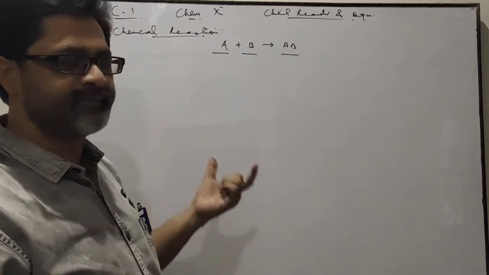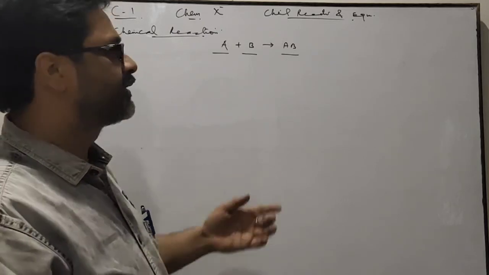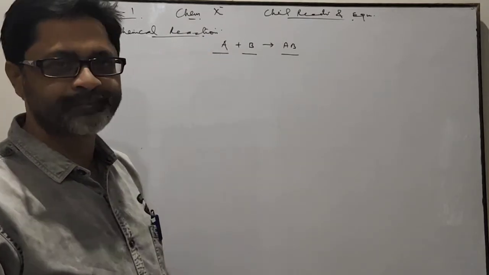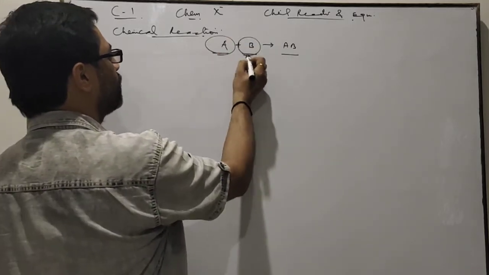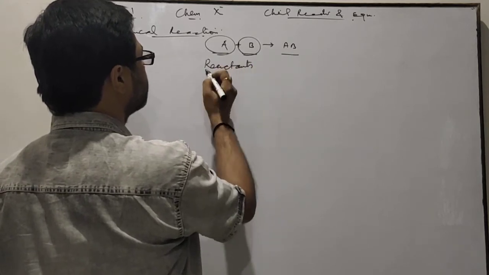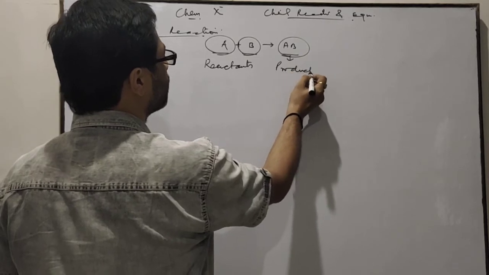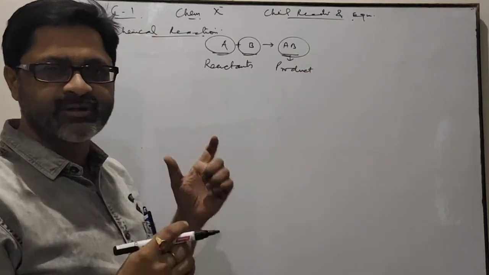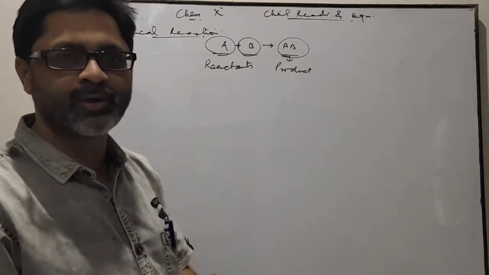That change in which a new product is formed, a new compound is formed, is called chemical reaction. Those compounds which react together are called reactants. Means A and B are reactants and AB is the product.